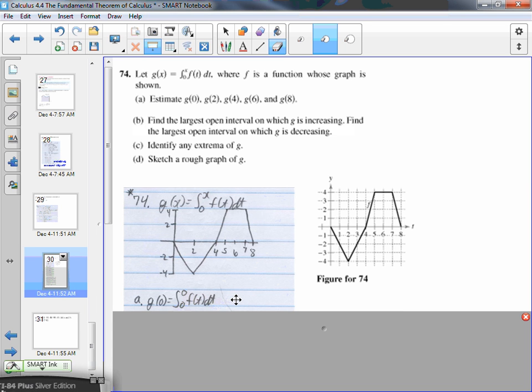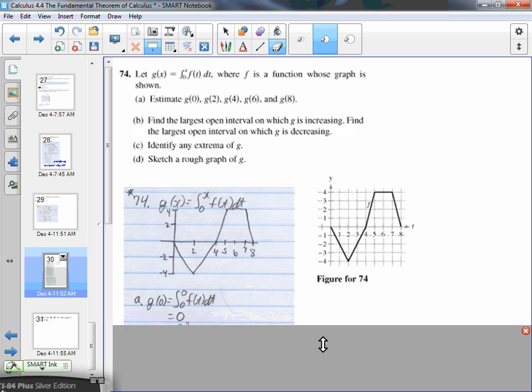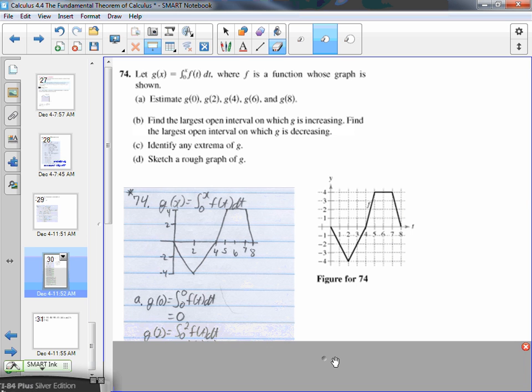We have a property from a long time ago, even though it was in this chapter, but it's from a long time ago that says the integral from a to a of f of x dx equals 0. So the integral from 0 to 0 of f of t dt equals 0. All right? g of 2 then will equal the integral from 0 to 2 of f of t dt.